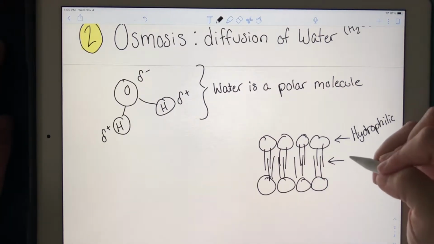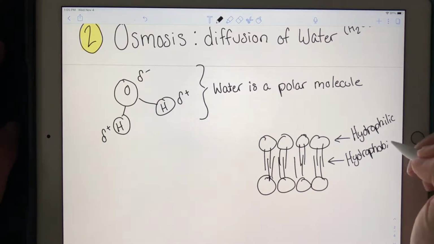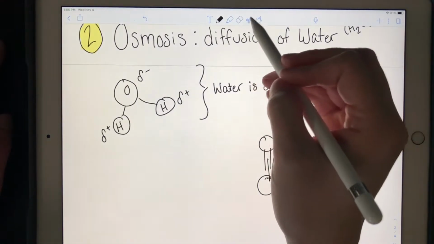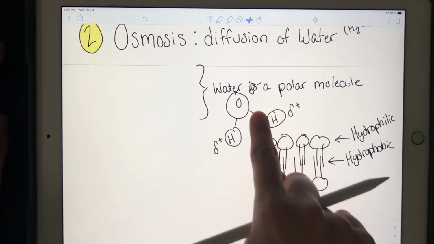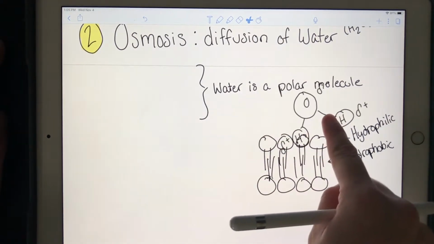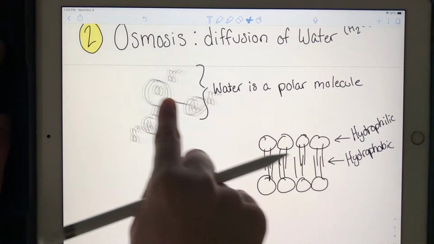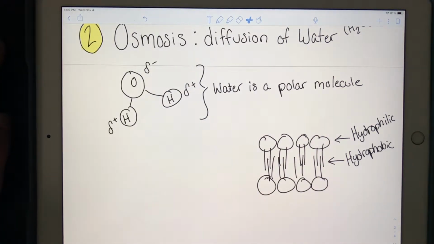But our tails are nonpolar, so they are hydrophobic. They hate water. It's not a party when water's around. So while water has an easy time just hanging out over here around the membrane, it's going to have a very hard time getting through because those tails just do not want it to be in there.